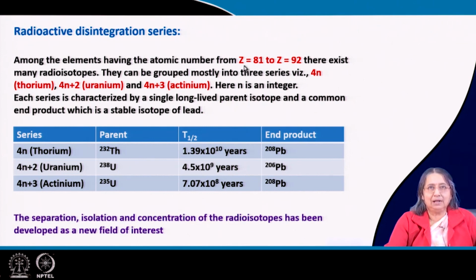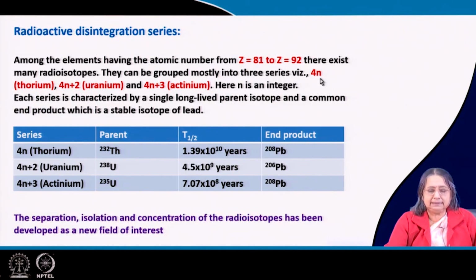By now you know what Z means, and what radioisotopes are. So, in this range there are many radioisotopes. They can be grouped mostly into 3 series. And how they are classified, they are placed in these three series.